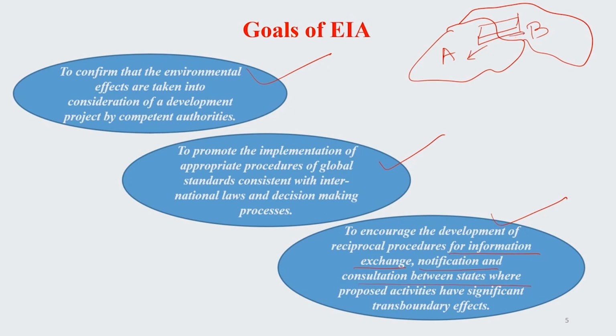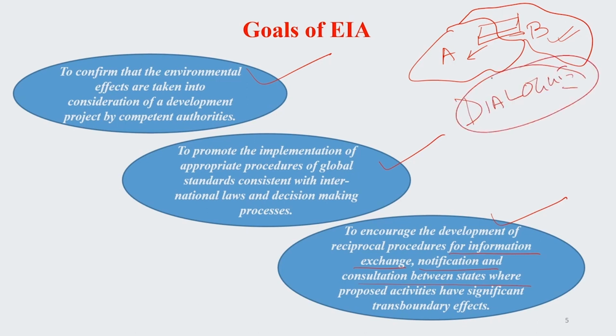It could be a watershed project, it could be anything. In such a condition, it is important that the project proponent in this state must talk with state B as well, the bordering state. The key is dialogue.